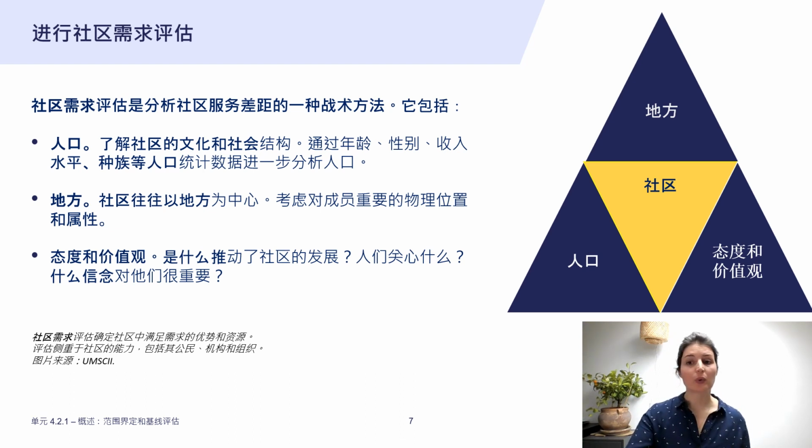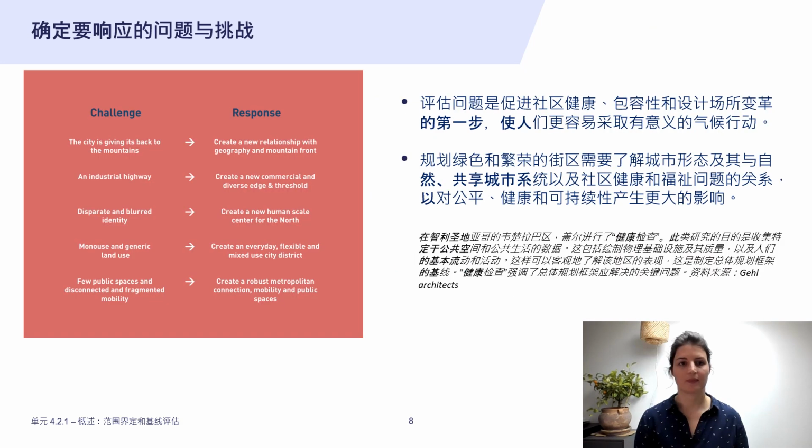These can include schools, senior centers, shelters, parks, religious establishments, and other infrastructure. The assessment considers the drivers of the community, what people care about, and what matters the most to them. Identifying issues is the first step to foster change.